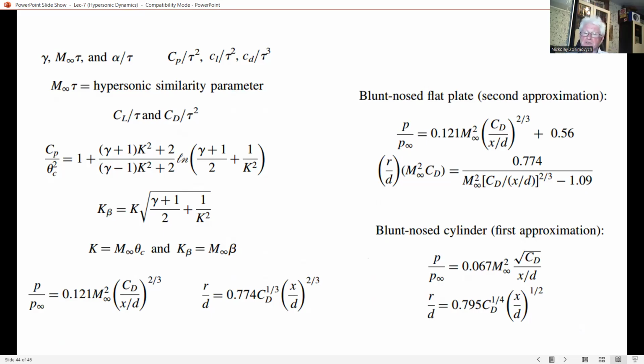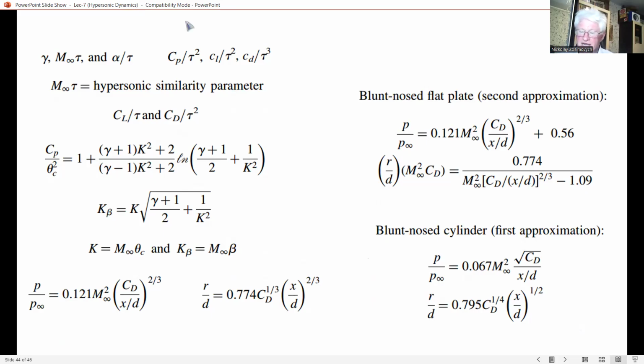Such solutions usually require a numerical treatment at some stage. The result can sometimes lead to closed-form analytical formulas, such as those repeated next for the pressure coefficient on a slender cone at hypersonic speed.